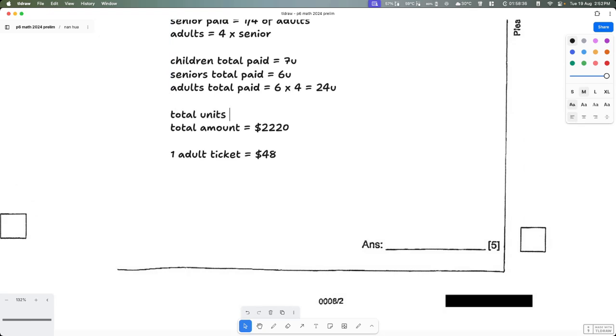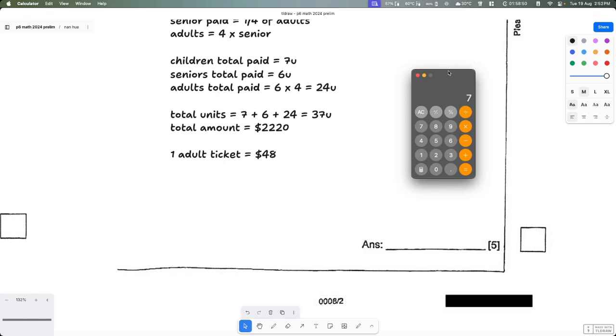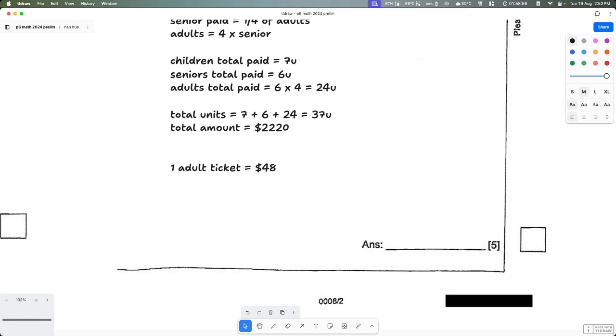Total units is equal to 7 plus 6 plus 24, which is equal to 37. 37 units, right? Let me double confirm. Always double check your work. 7 plus 6 plus 24, 37. So that means 37 units is equal to 2220.